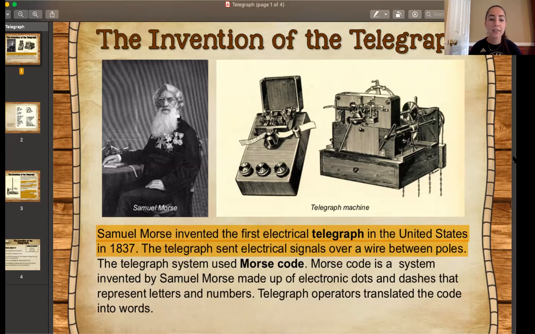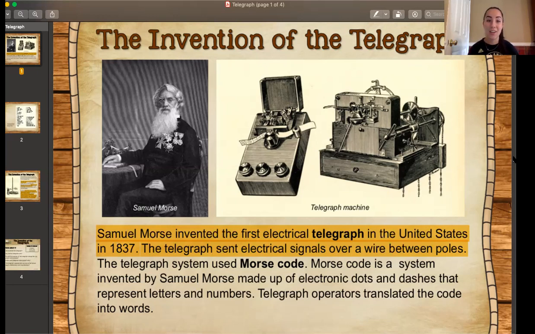The telegraph system used Morse code. Morse code is a system invented by Samuel Morse, made up of electronic dots and dashes that represent numbers and letters. The telegraph operators translated the code into words.